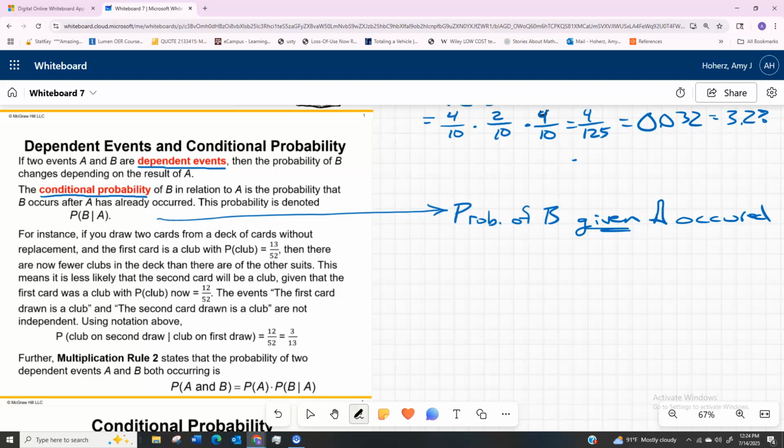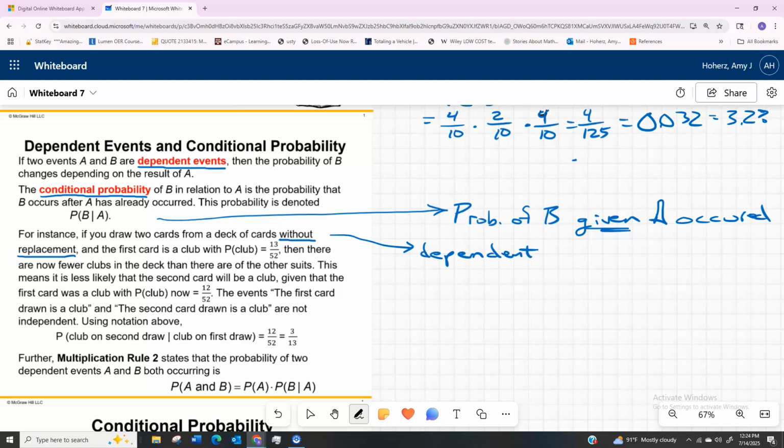So if we think about drawing 2 cards from a deck of cards, and in this case, it's without replacement. And so without replacement means that they're going to be dependent events. Remember, replacing it makes them independent. So if we don't replace it, that means the chances on our second draw are affected by what happens on the first draw. So let's say the first card is a club.